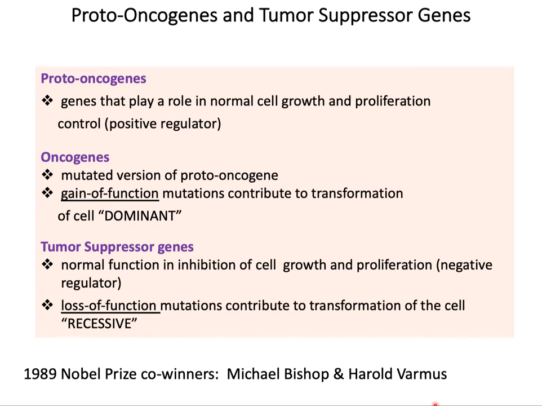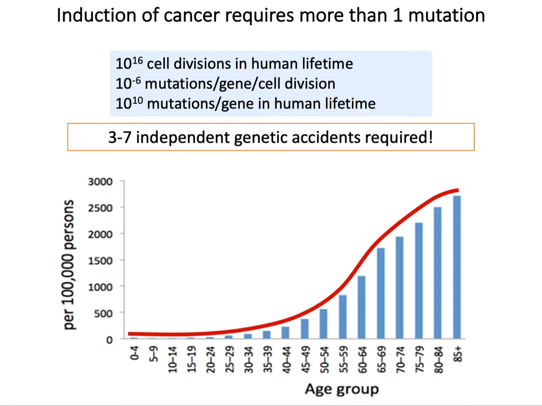But these are not extra genes that we have that just cause cancer or suppress cancer. These are genes that are functioning in us every day. It's when they're mutated that there is a problem. So they are normal genes and the nomenclature is maybe a little bit misleading.